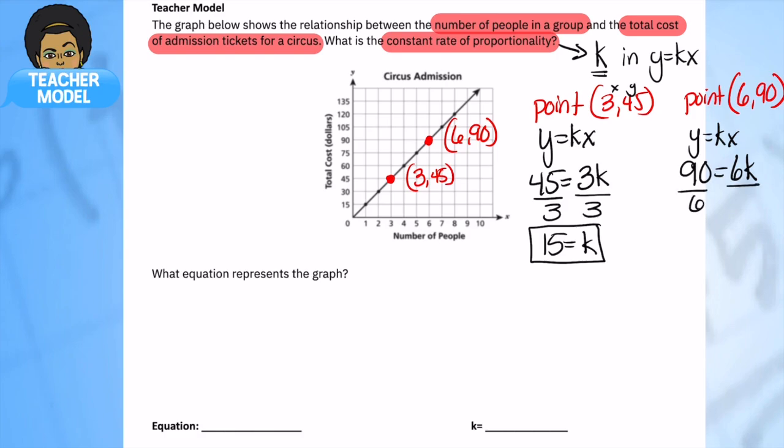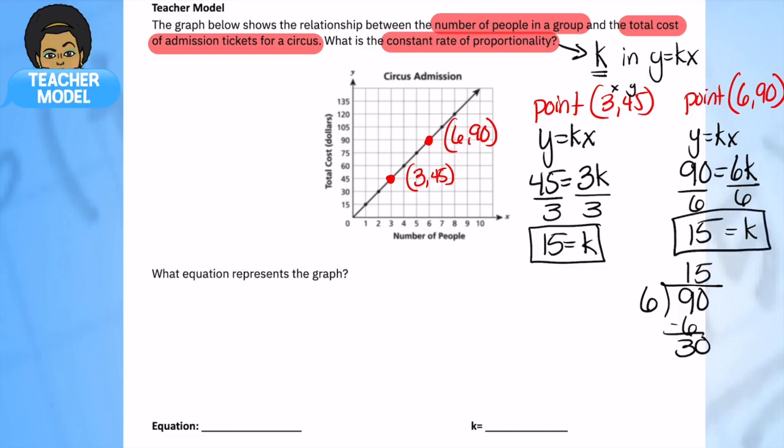And I'm going to divide both sides by 6. And of course, I like doing this in my head, but just so you can see where I'm getting the numbers, 6 goes into 9 once. 6 goes into 30 5 times, so 15. And as you can see on these points, k is always going to be 15. That is, I picked 2 points.